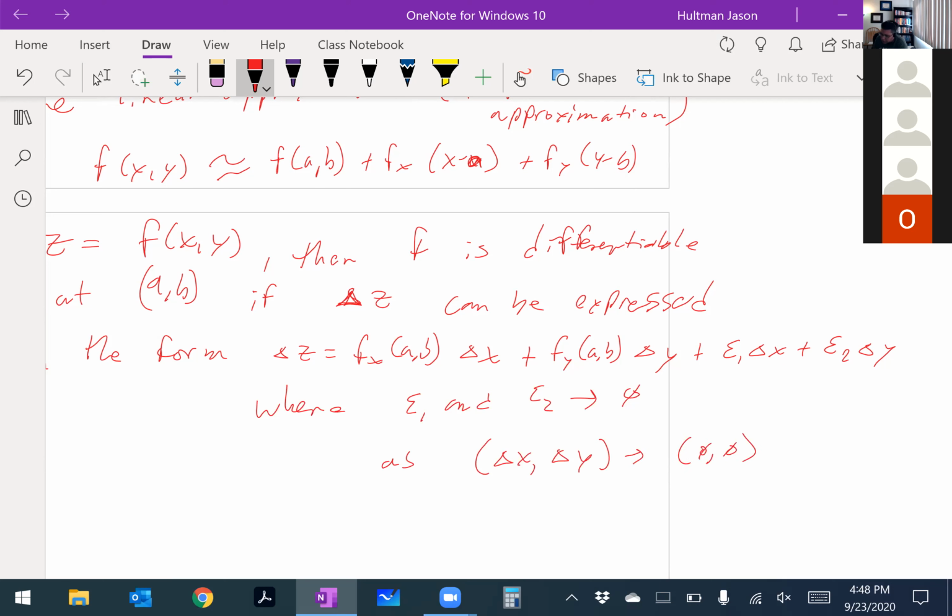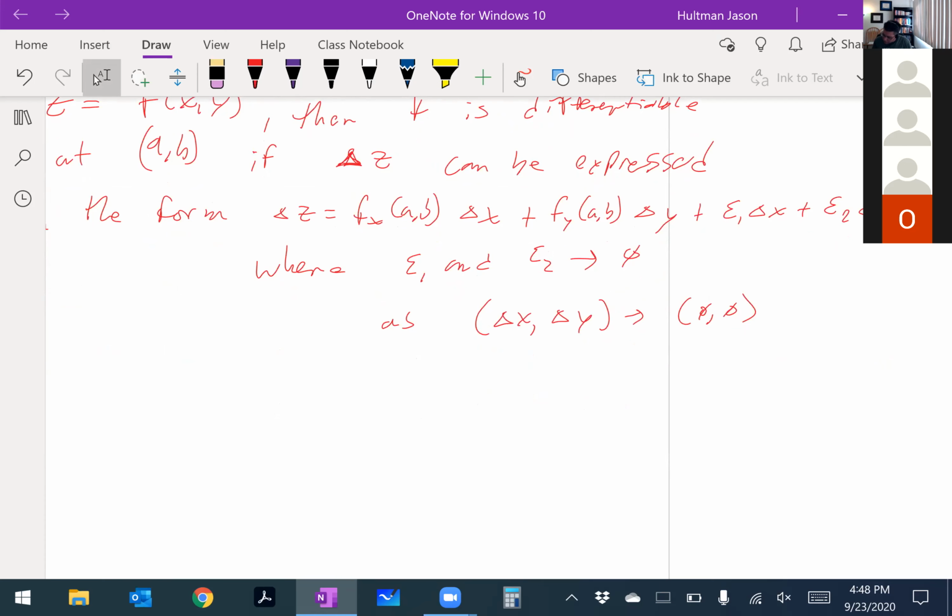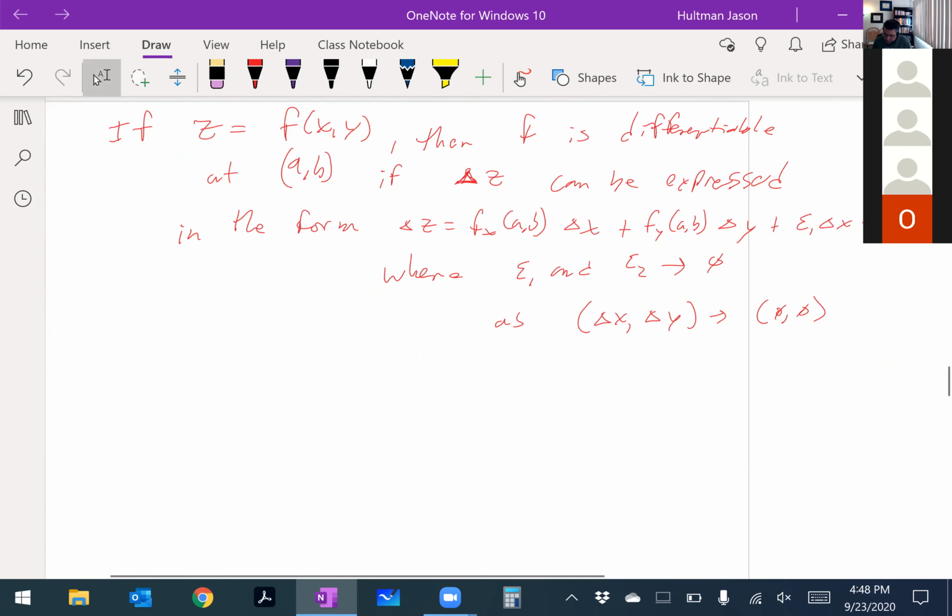So if the change goes to 0, 0, then these epsilons are negligible as they get closer and closer. Again, it's a proof with respect to the analogy of linear approximation. This is just linear approximation in two variables, multivariable linear approximation. So let's see how this works in real life.